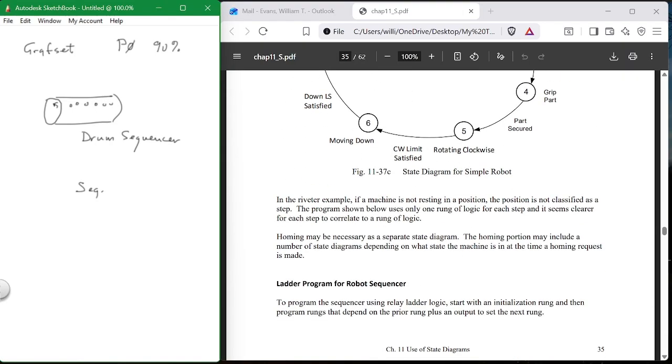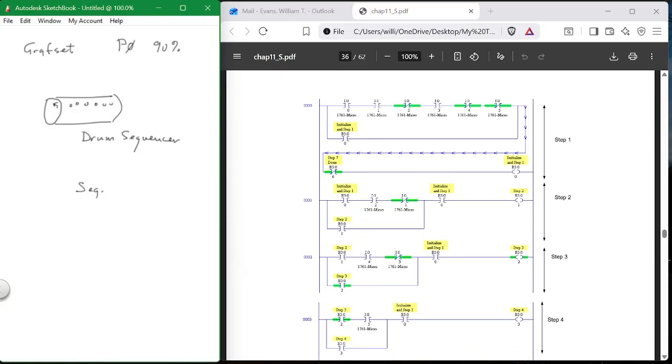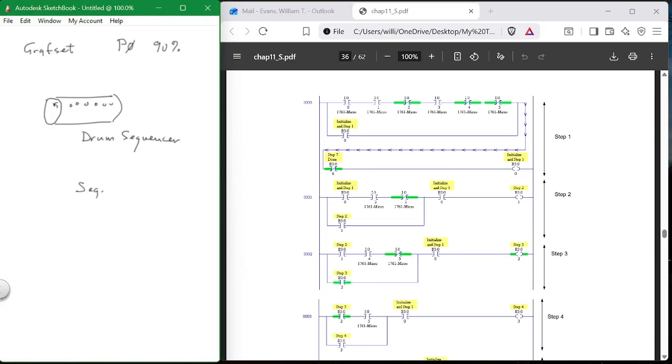However, I've only used them very reluctantly, maybe once or twice, and I'm not a fan of the sequencer instruction. The reason I'm not a fan of it is because it leaves you high and dry as to how to go from step to step, or from state to state. The documentation is just not there. Now, this approach is a better approach to doing a simple sequencer.